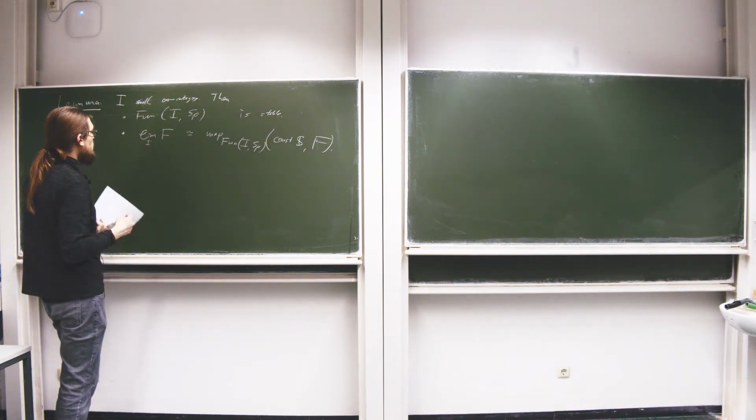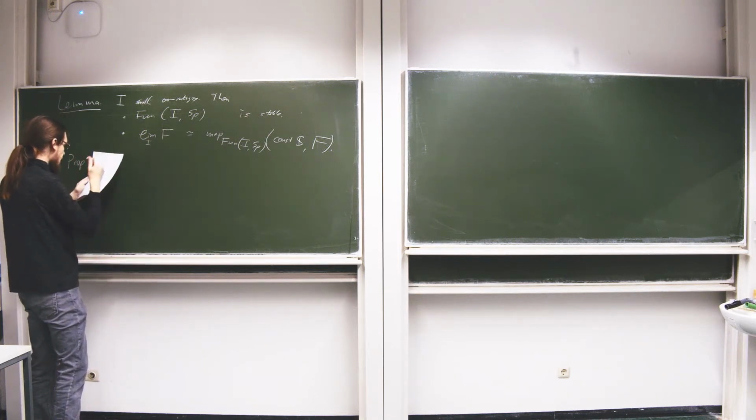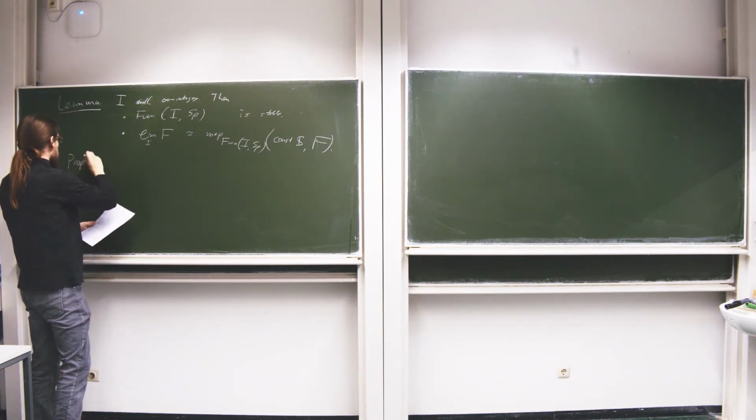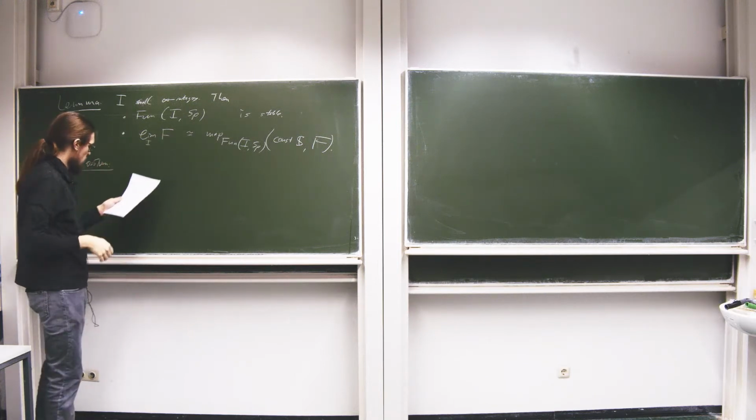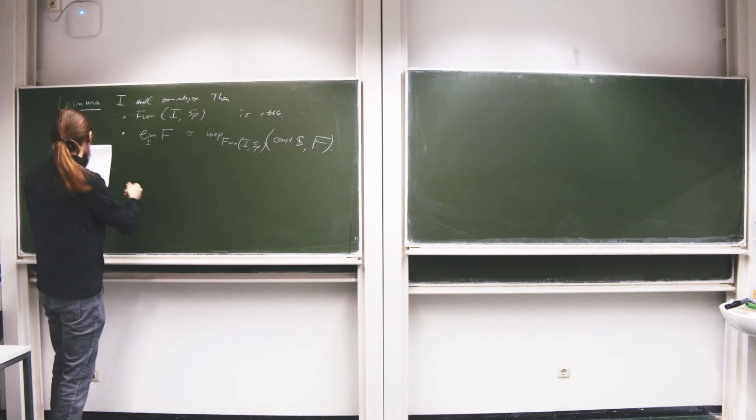All right, so what's this comparison that I mentioned earlier to HC minus? We define TC minus as homotopy fixed points on THH.